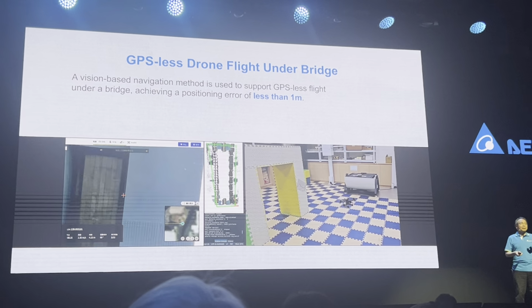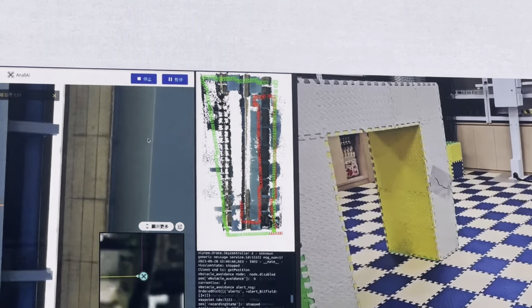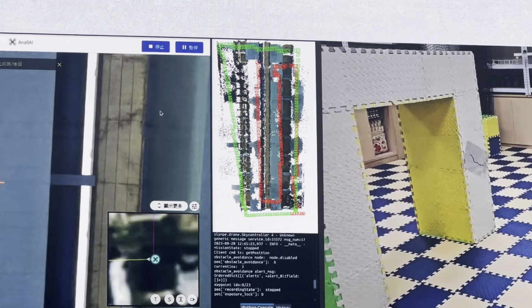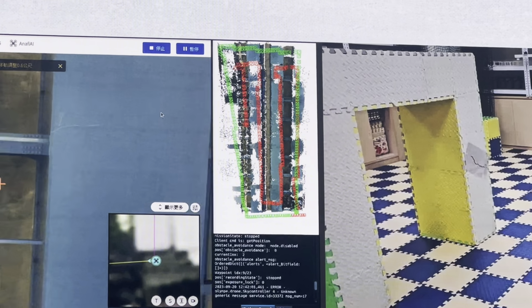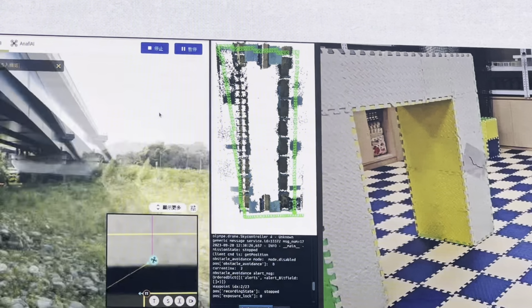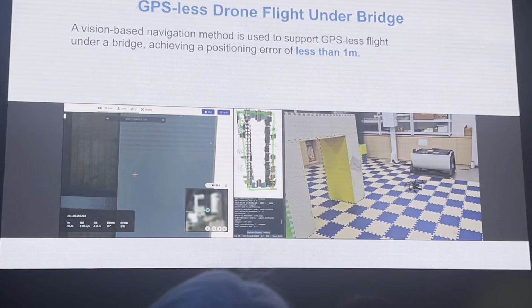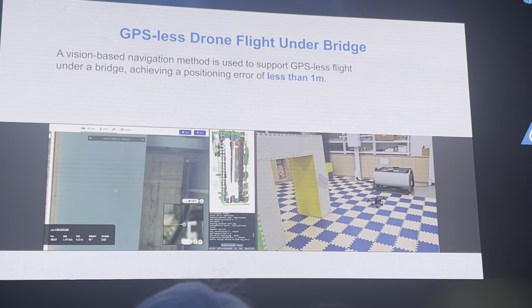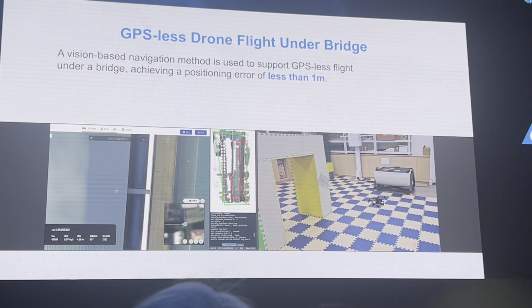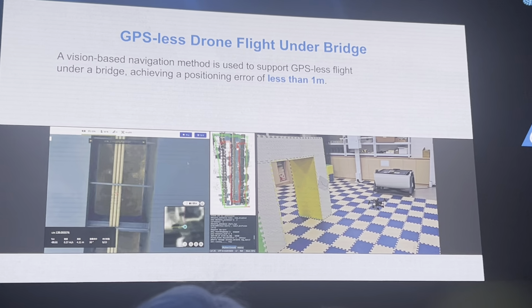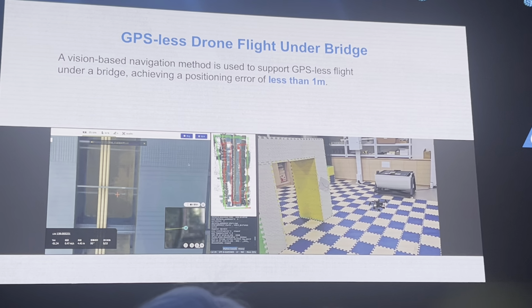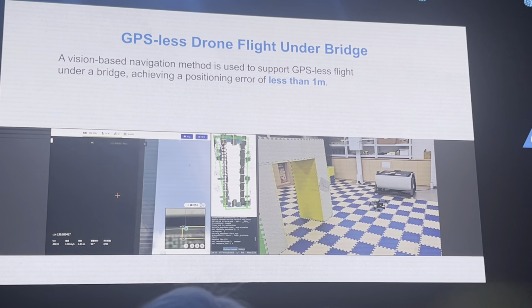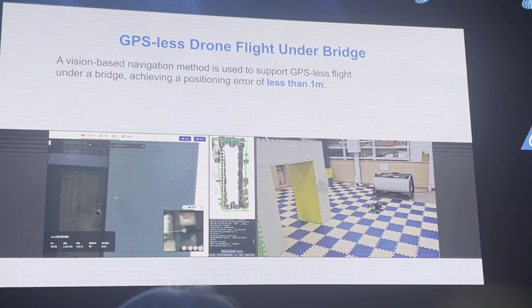So how does this visual SLAM algorithm work? It's shown on the left. So when a drone flies under the bridge, its camera is facing upwards, so it's seeing something upwards, and returns a continuous sequence of images. This visual SLAM algorithm is going to analyze this sequence of images and compute the drone's position by capturing the similar points on consecutive video frames, and then you can calculate the drone's position.